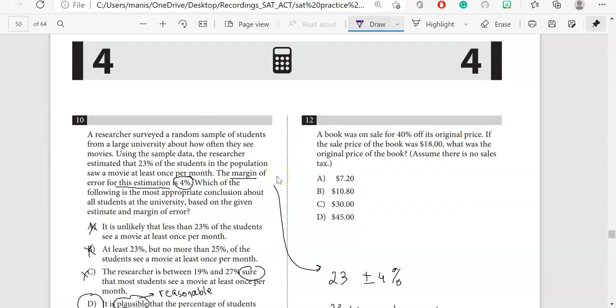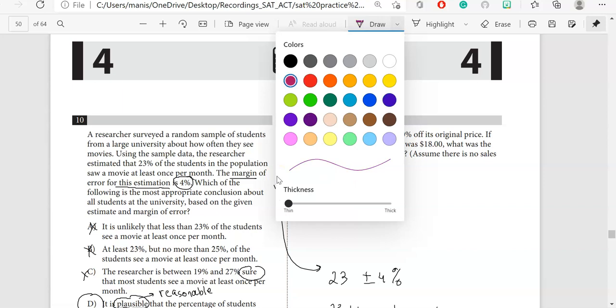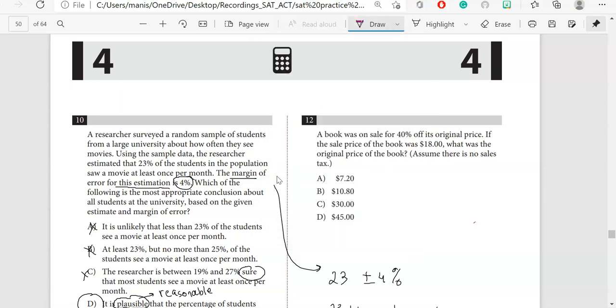Question number 12. A book was on sale. I'm changing the color over here. A book was on sale for 40% off its original price. Whenever I see any question, what I do is I just write: original price is X, and 40% of X. So what will be 40% of X?